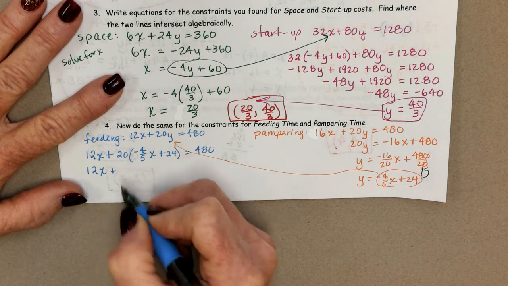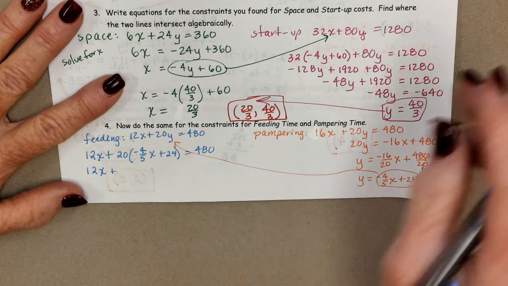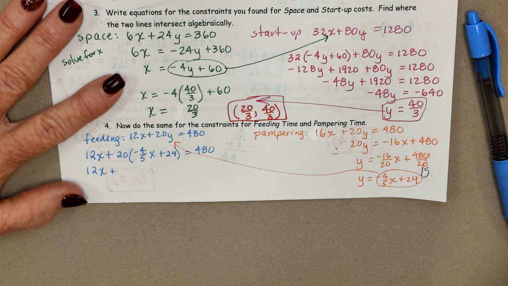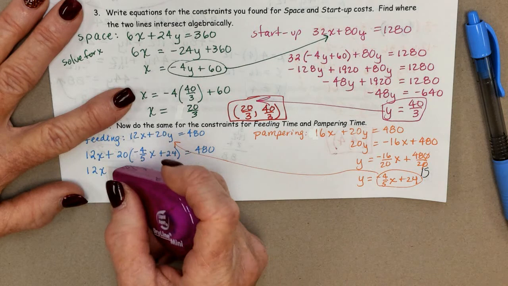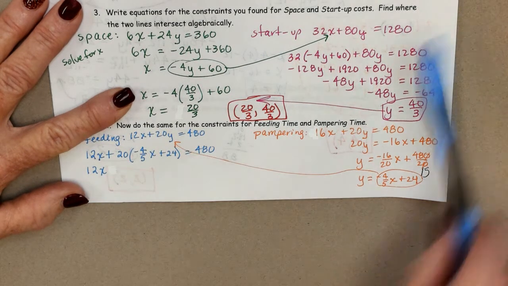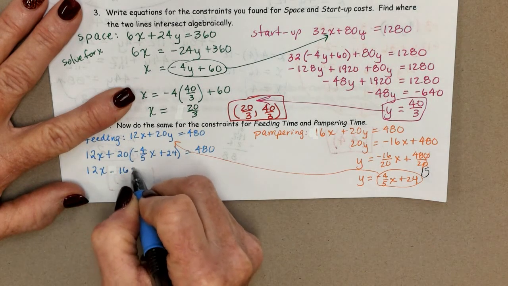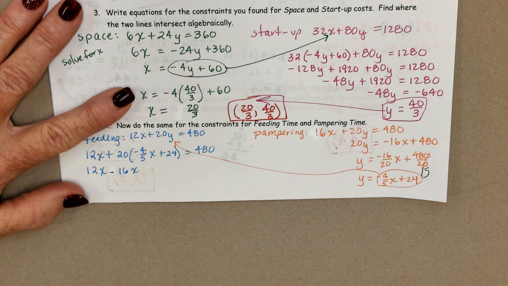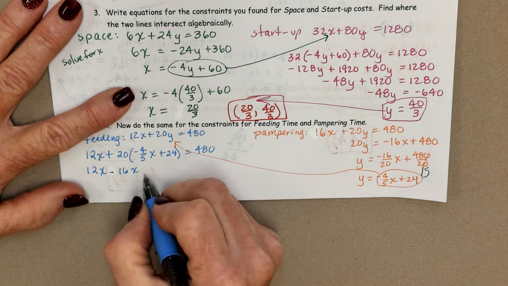You can either use your calculator or you can trust me that 20 times negative 4/5 x is going to be a minus 16x, and 20 times 24 is 480.